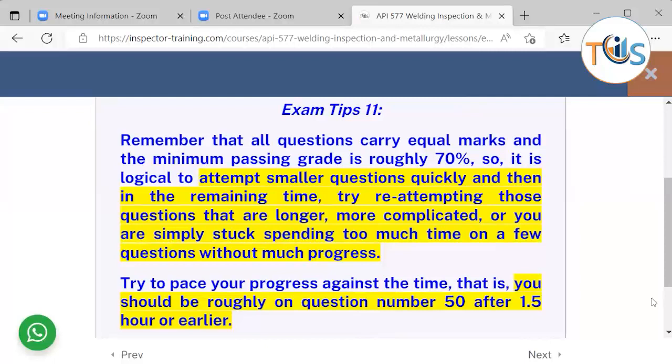All questions carry equal marks and the passing grade is roughly 70%, so it's logical to attempt smaller questions quickly and then, in the remaining time, reattempt those that are longer, more complicated, or where you're simply stuck spending too much time without much progress. Try to pace your progress against the time: you should be roughly on question number 50 after 1.5 hours or earlier.